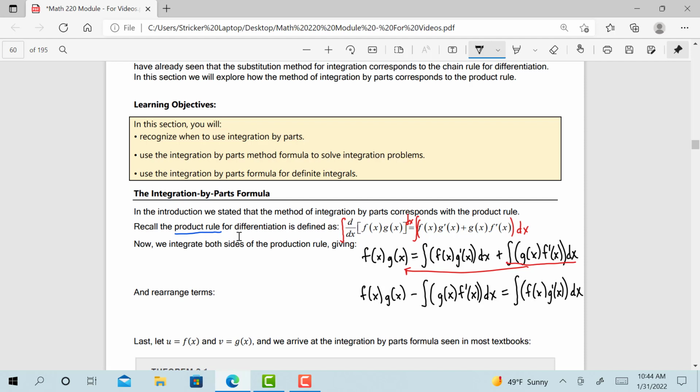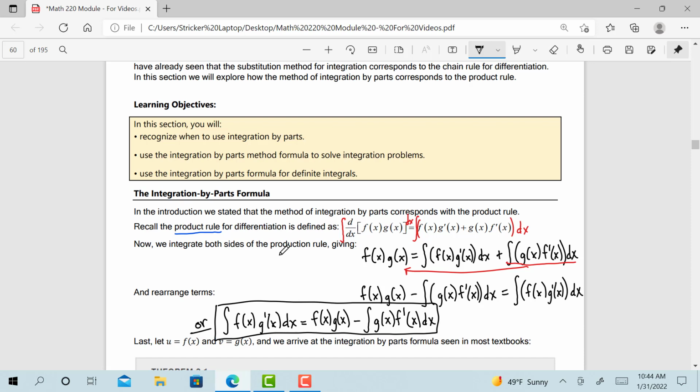If we flip this around, we have the integral of f of x g prime of x dx equals f of x times g of x minus the integral of g of x times f prime of x dx.